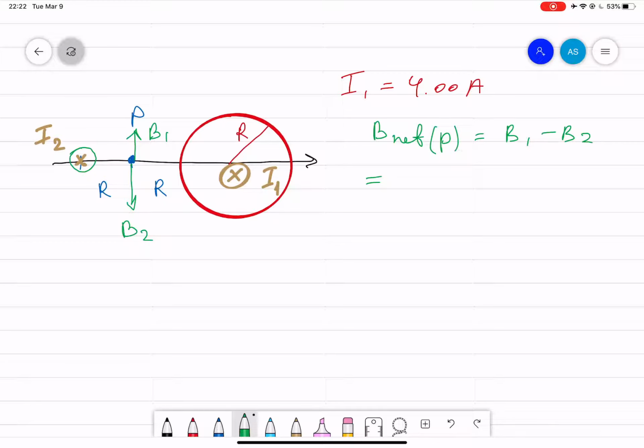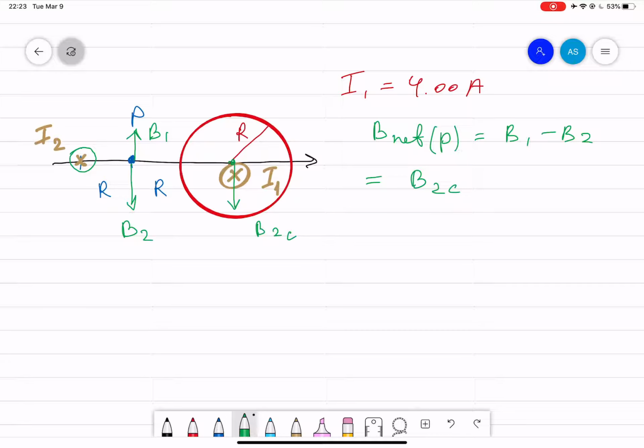It's a bit tricky to understand. Current 2 will create a field at the center of the rod, which is pointing downwards, so I call this one B2 at the center of the rod.